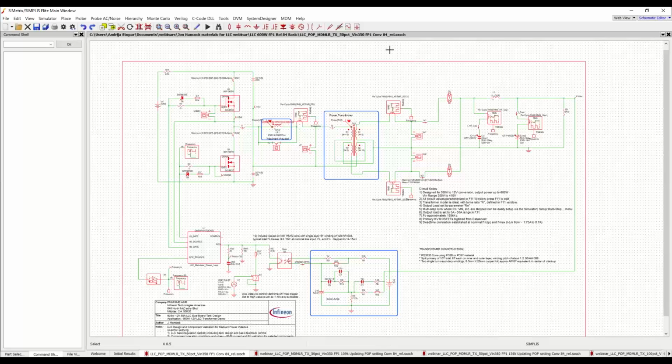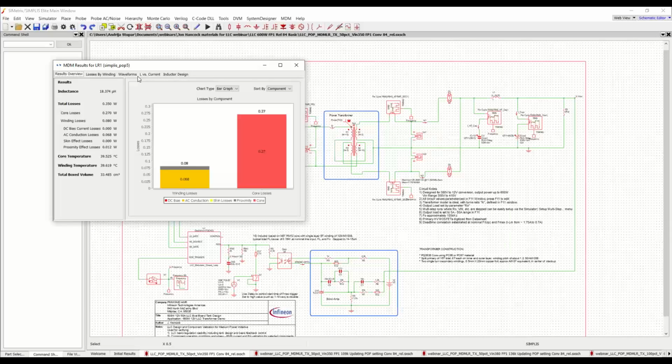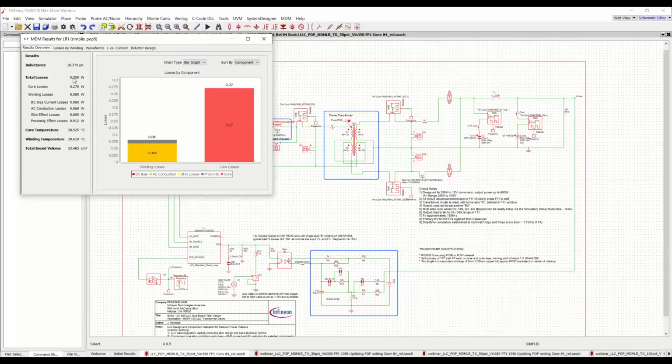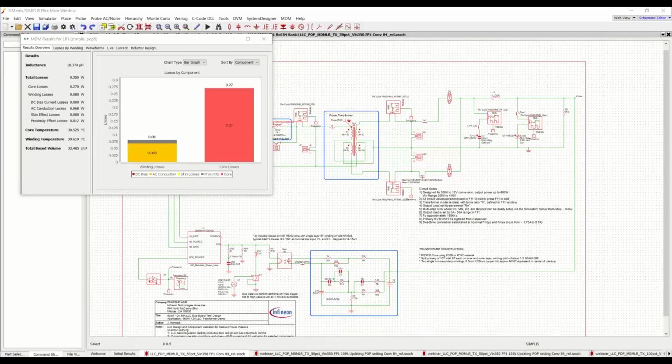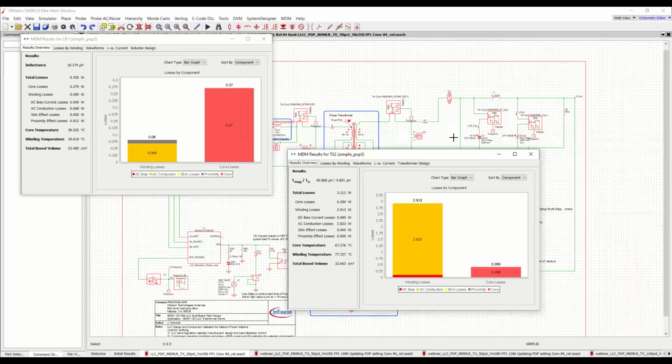Here we are looking at 350 volts input at 50% load. When we look at the results that MDM generates after the simulation, here we see the resonant inductor, which has 0.35 watts losses, which is okay. But here we look at the transformer.